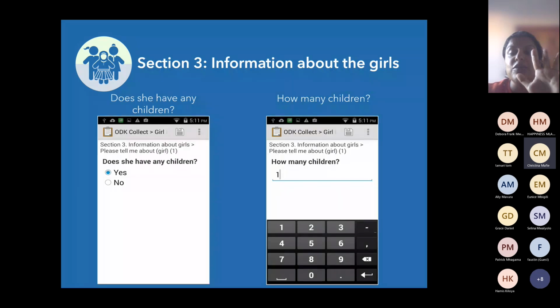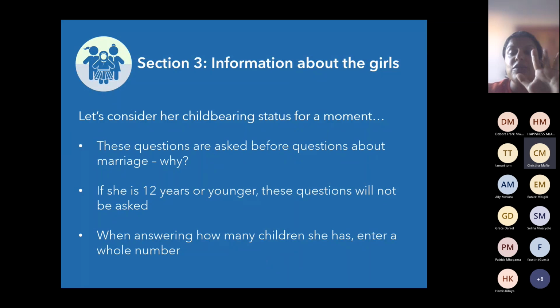So does she have any children? Yes or no? How many children does she have? In this case, it was 1. And let's consider childbearing for a moment. This is important as well. These questions are asked before questions about marriage, as you noticed. We went from schooling to childbearing.